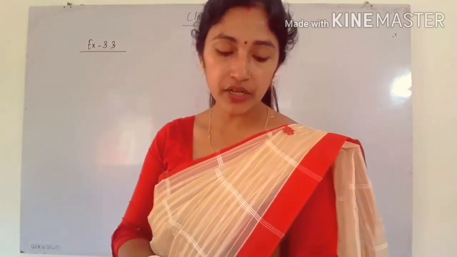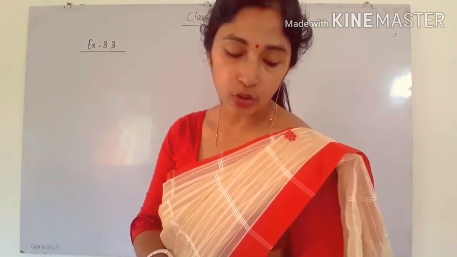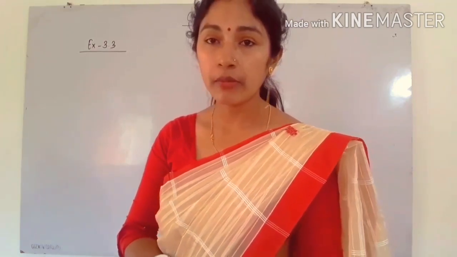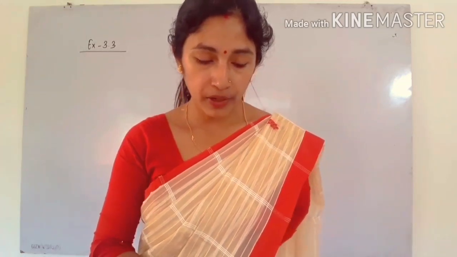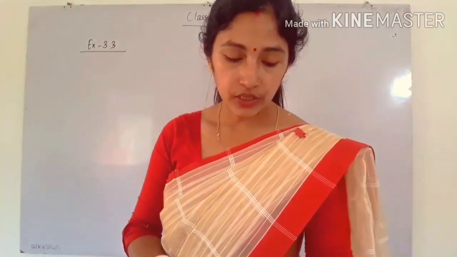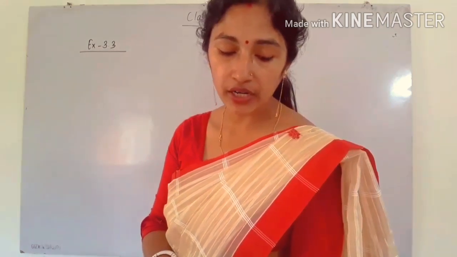Okay. Next is H. How many even numbers are there between 1 and 100, both inclusive? You have to write the total even numbers between 1 and 100. So you can do this, it is very simple. Now see I. How many odd numbers are there between 1 and 100?